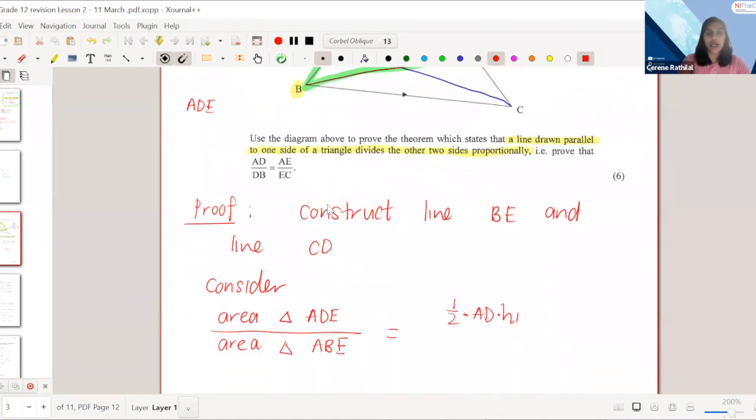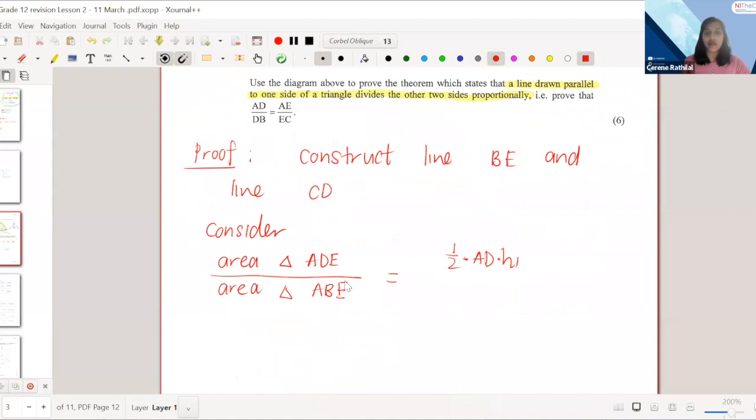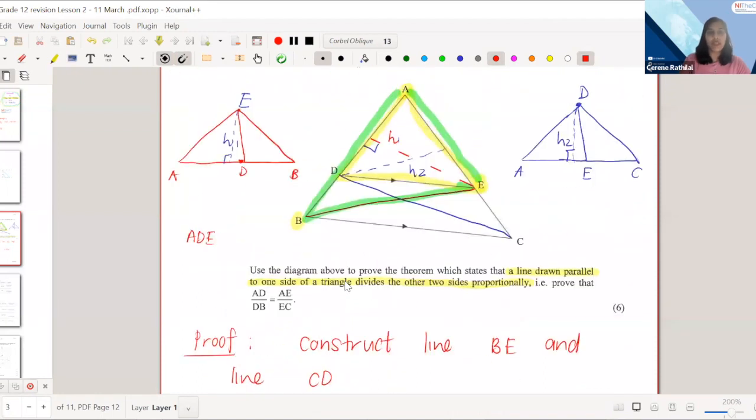Then likewise, I want to know what is the area of ABE. ABE is the following triangle. There it is here. What is the area of ABE? Right. And someone's told me it's half AE.